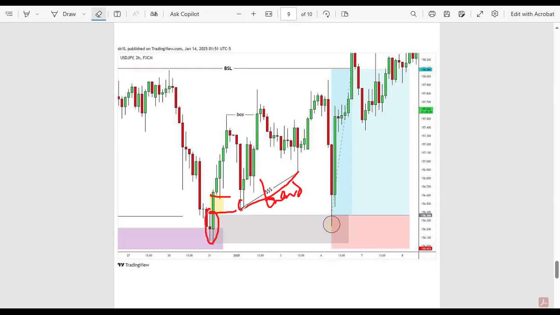Price filled this fair value gap and went a bit higher. And remember what I said, the next time price visits this level which filled the imbalance, most of the time we will see an inducement being created. That's what happened there. You can see this was an inducement that was formed. Price tapped into this bullish order block and then went higher.